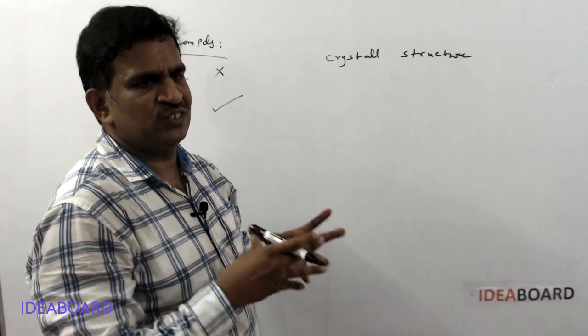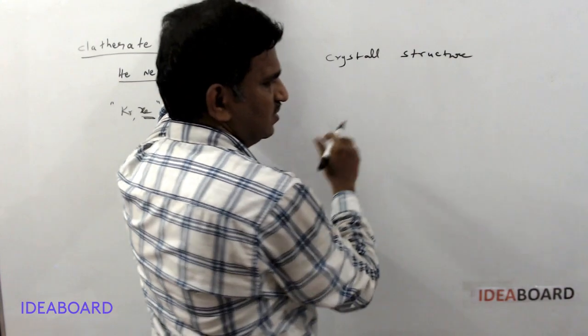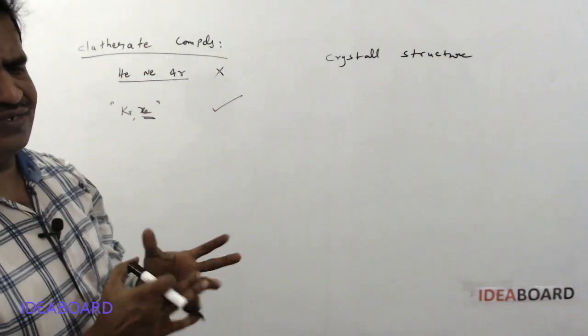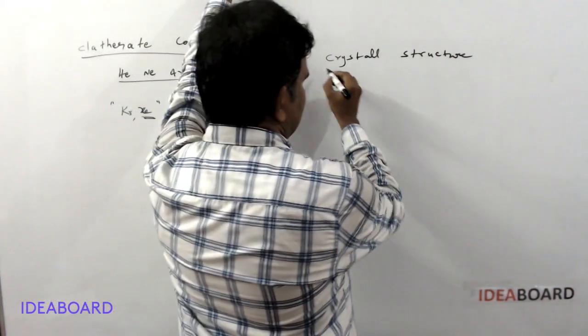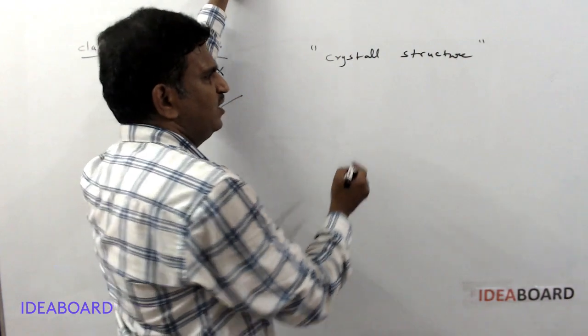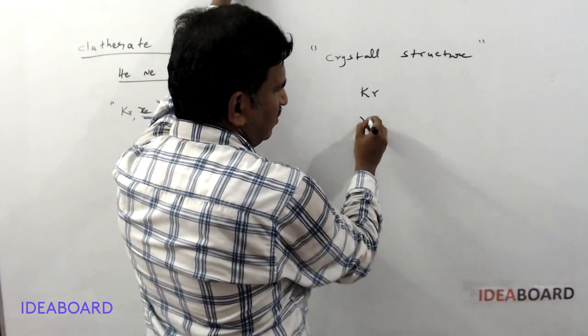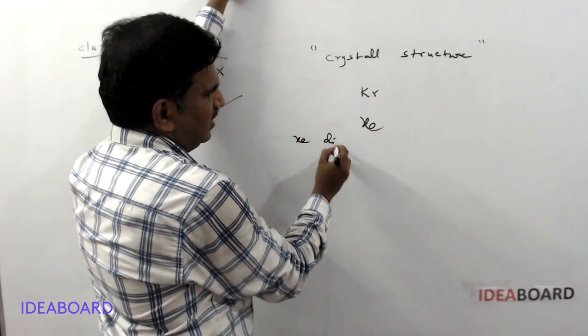Means there is some space, we can call it voids. So a large gap is present in between the ions or in between the molecules of a crystal lattice. Those gaps are filled by krypton or xenon. An example for this is xenon diquinol.